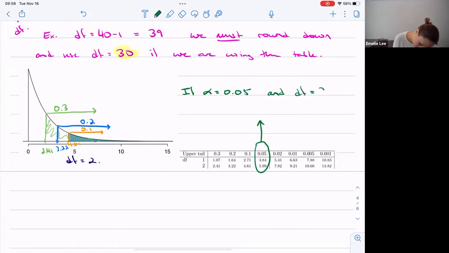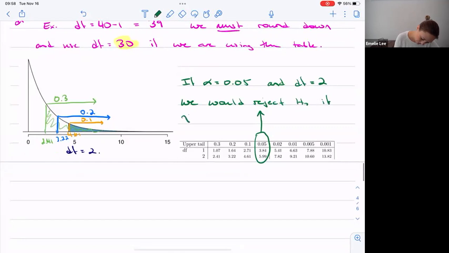So if the alpha is 0.05 and df equals 2, we would reject H0 if the chi-squared is greater than 5.99.